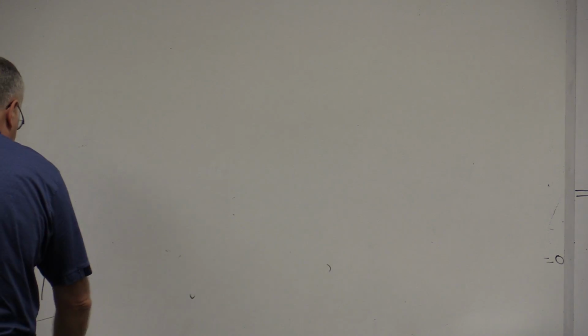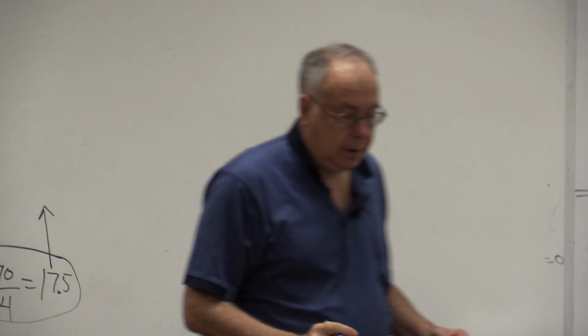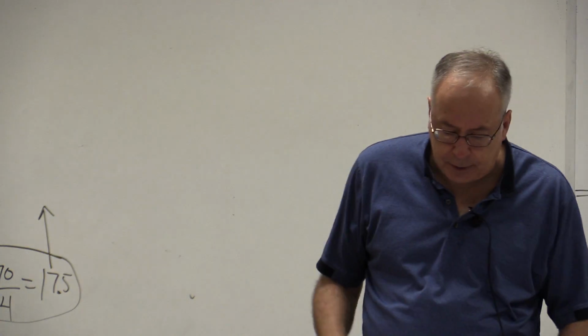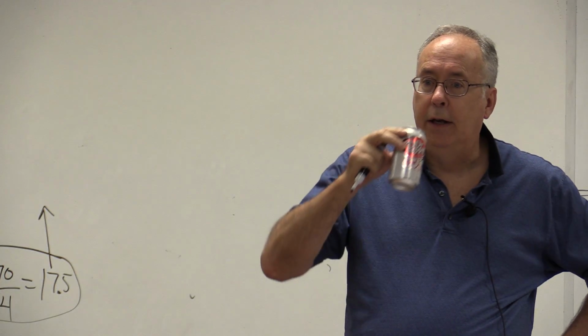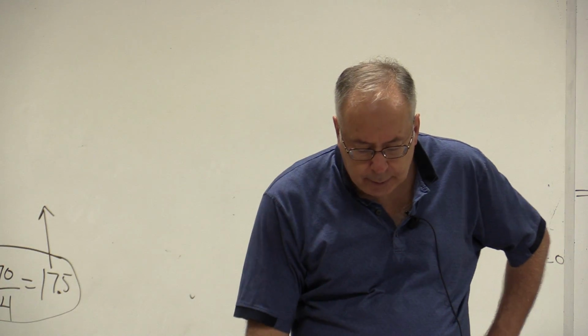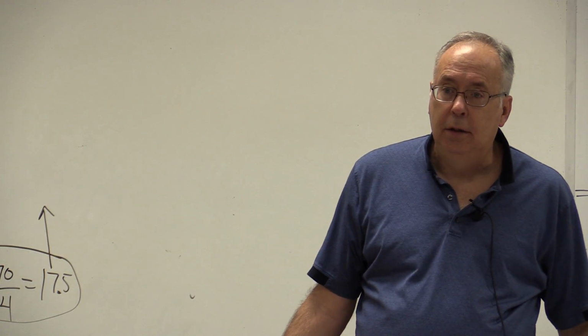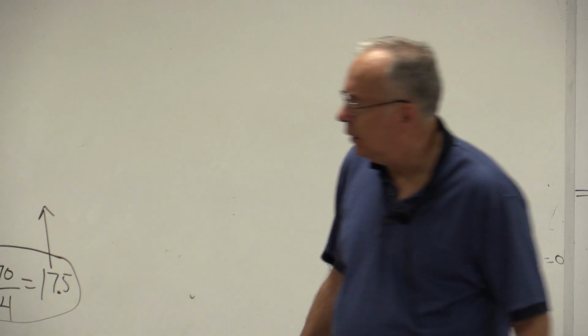Does anybody remember from your notes? I thought I did this example in class for a specific value of income, the price of x, and the price of y. It was 4 and 1. Okay. Was the price of x 4 and the price of y 1? Was that it? Okay. All right.